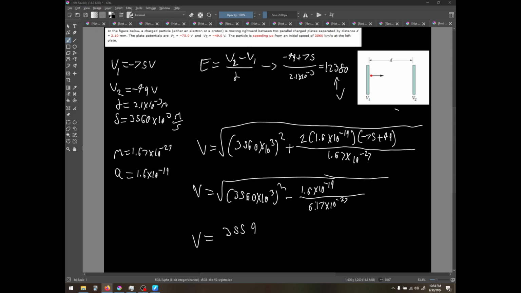Let me quickly plug in the values for this problem. V2 goes on this side. This is going to be V2 is 52, 75.